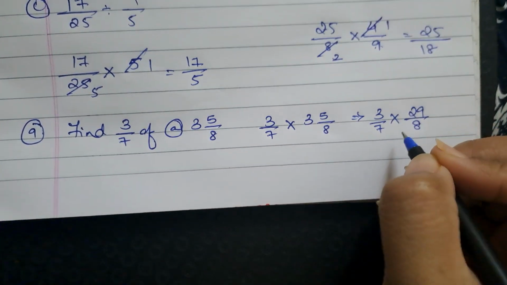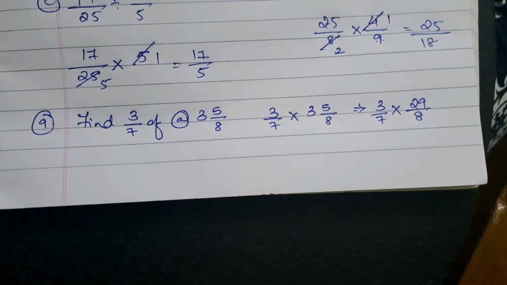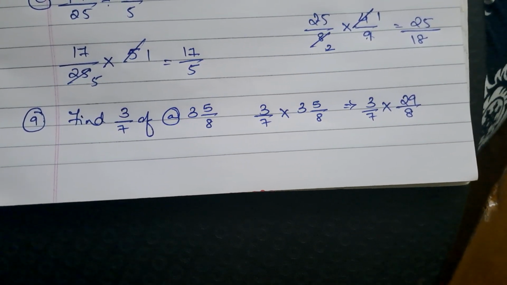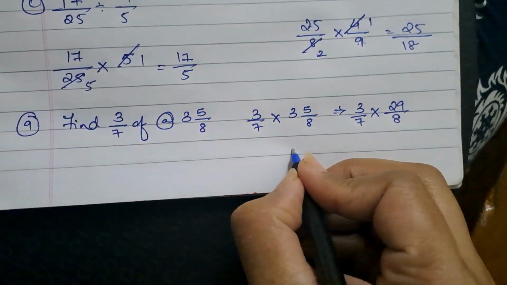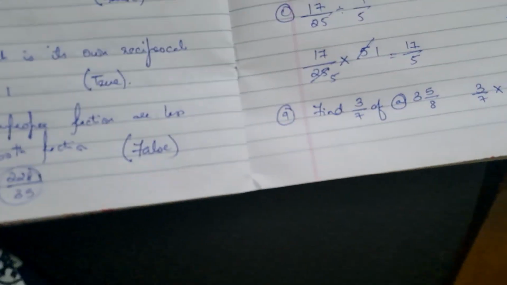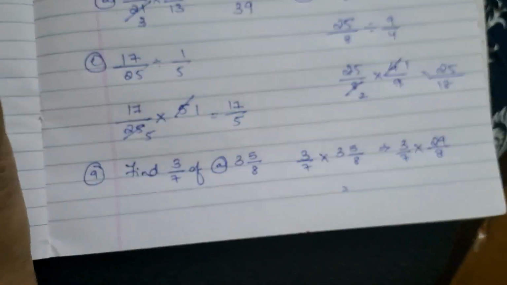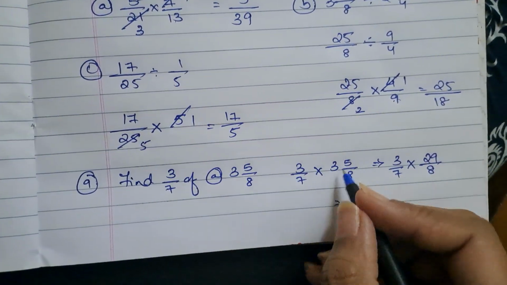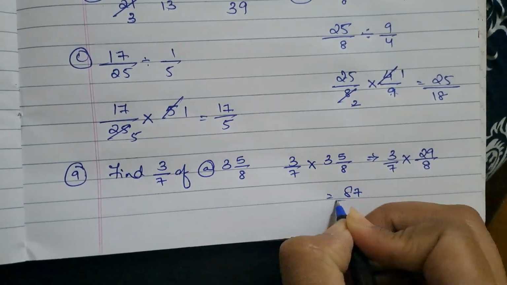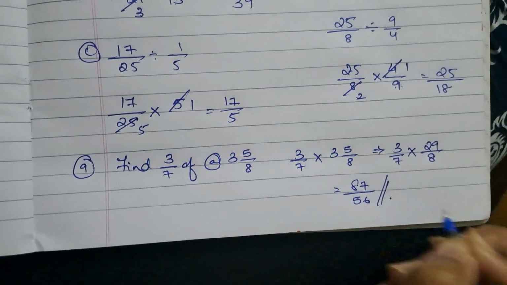Okay. Now the multiplication of this would be 3 times 29, I'm doing it with the calculator. 3 times 29 is going to be 87, and 7 8s are 56 is what I get in here.